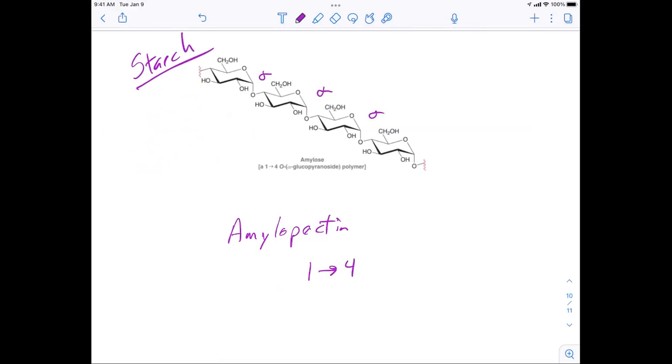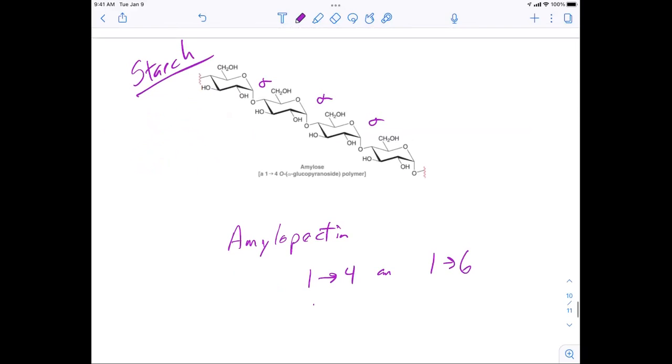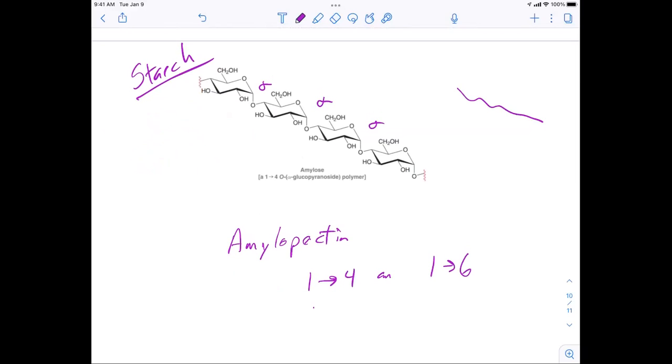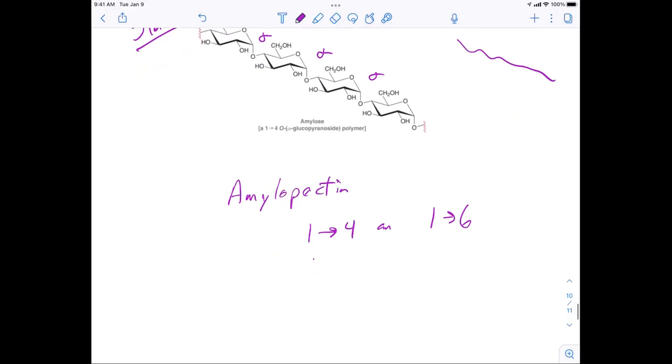And I forgot to grab the picture of the amylopectin. So if we think about amylose as being kind of linear, because all the connections are 1,4, when we get to amylopectin, what we have is branching. Because you have a lot of 1,4, which is kind of linear, but every once in a while you'll have a 1,6, which causes a branch, right? So you start to get a little branch.